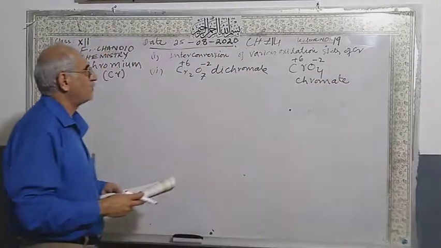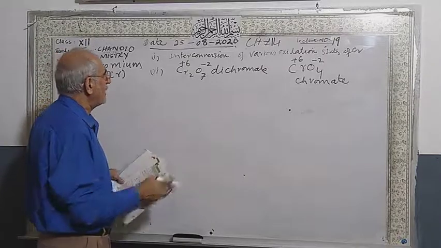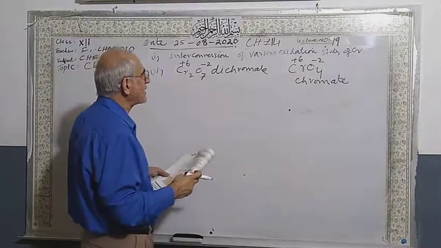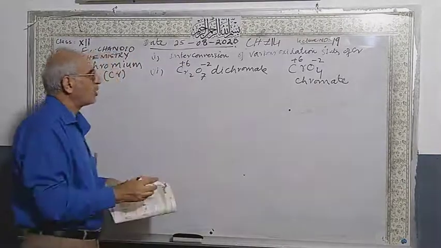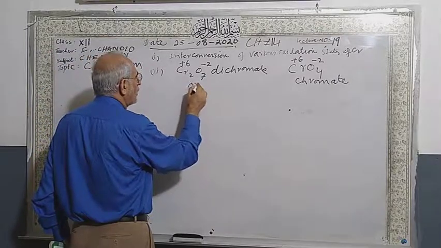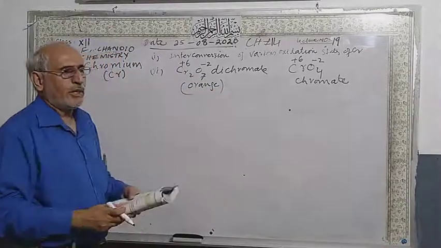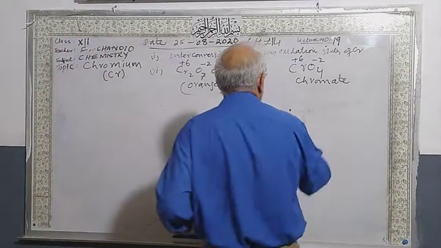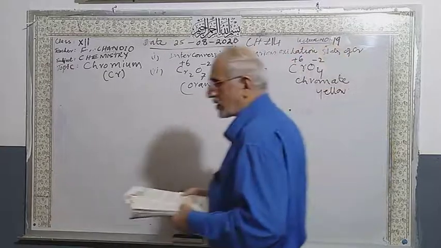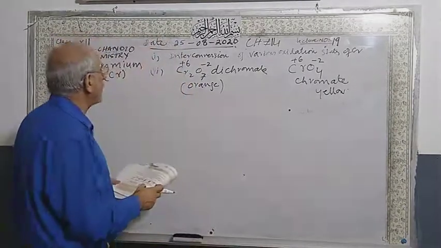Oxidation number of chromium is the same in both. This is called dichromate 6 and this is the chromate 6. The dichromate compounds are mostly orange color, pinkish orange, and the chromate is yellow.